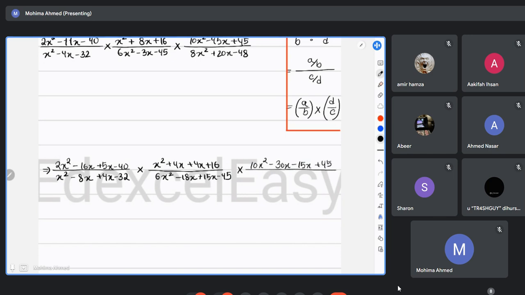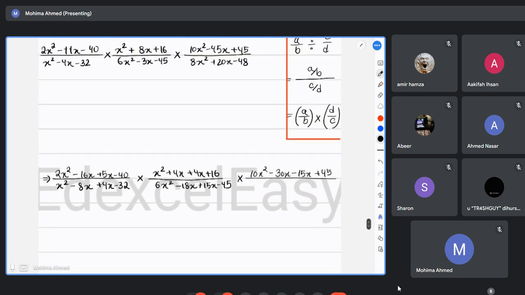This will be divided by 8x squared plus 20x minus 48. That's again 3 over 2, which is going to be 12 and 32. So 8x squared plus 32x minus 12x minus 48. This is going to be positive. This has to be positive, right?